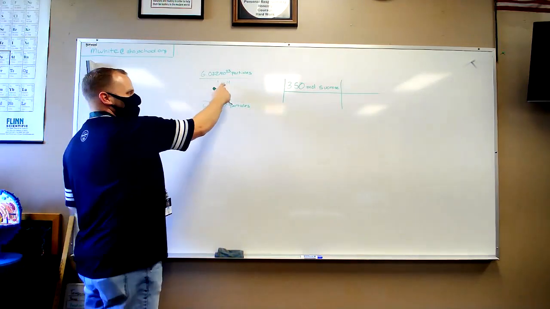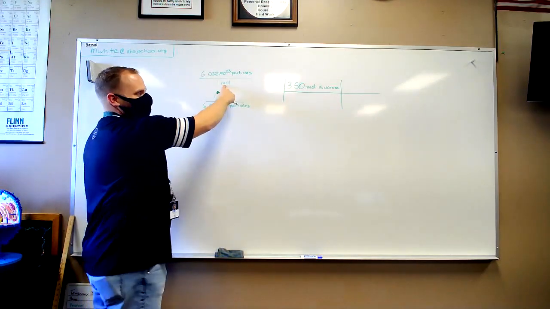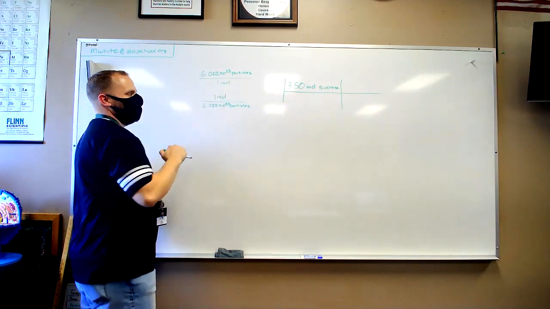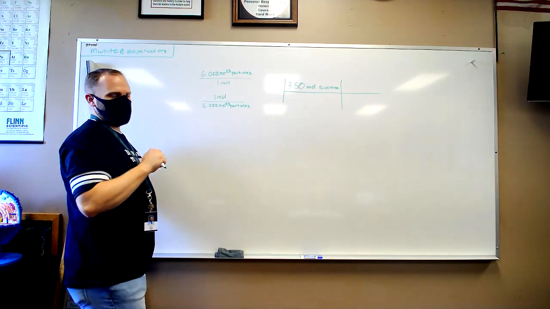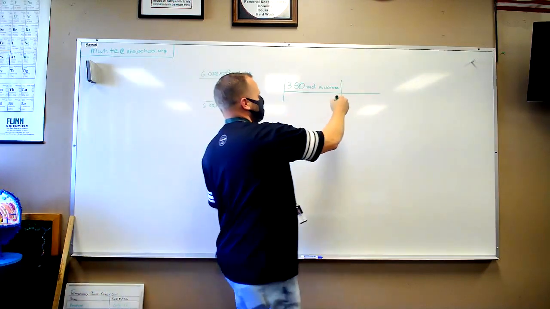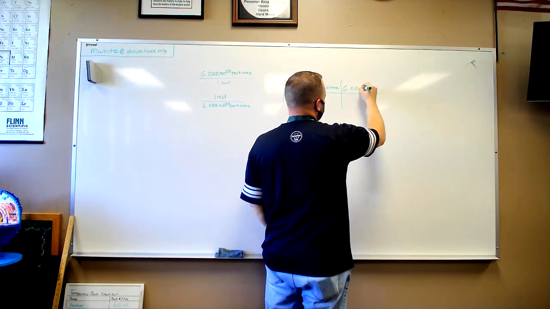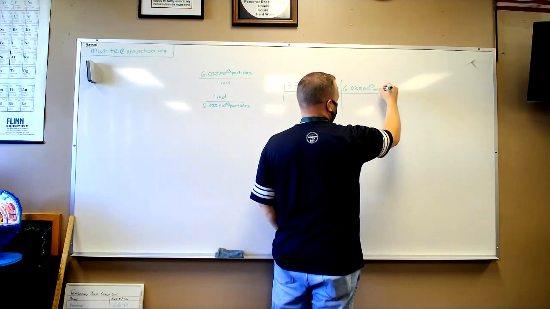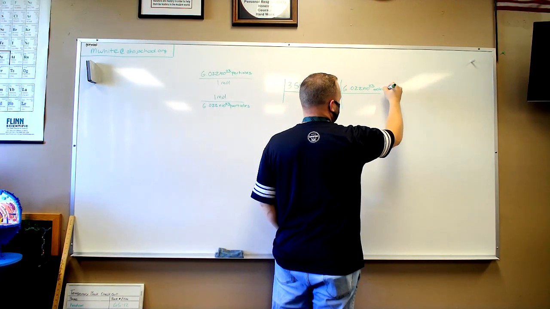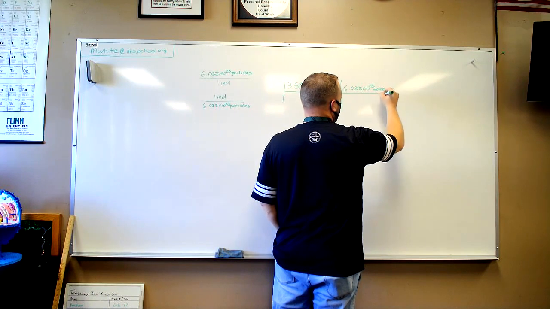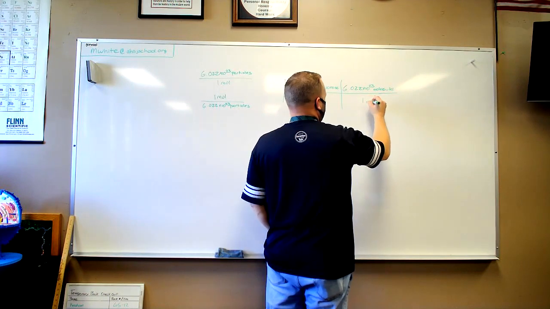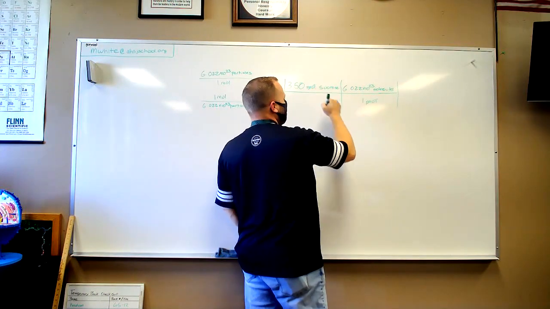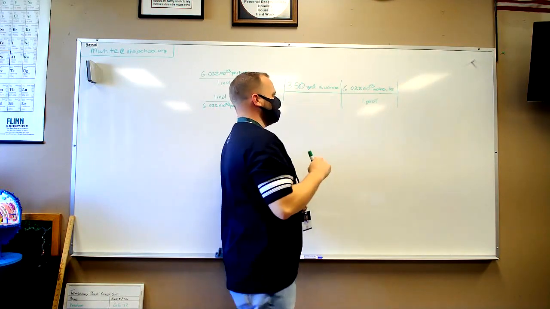So I need to use this one because the mole on the bottom means it's going to cancel out and just leave me with the particles. So I'm going to pull this down, and in this case we are dealing with molecules in 1 mole. So the moles cancel out, and we're left with molecules of sucrose.